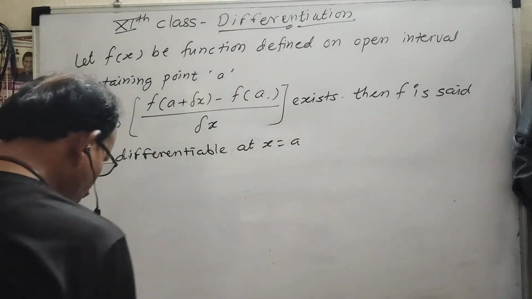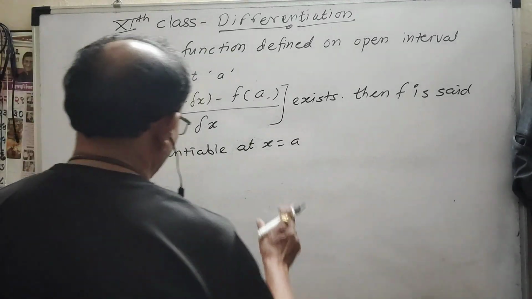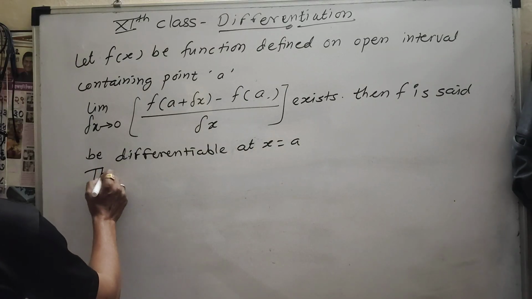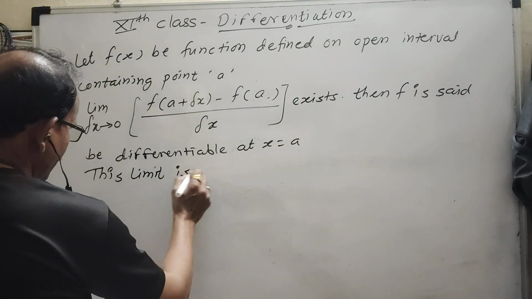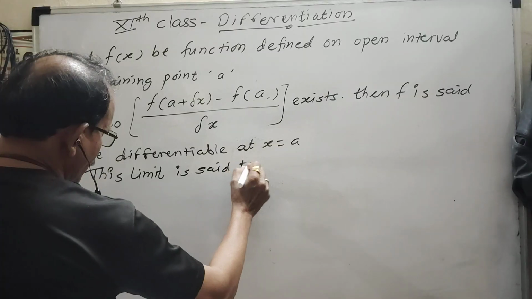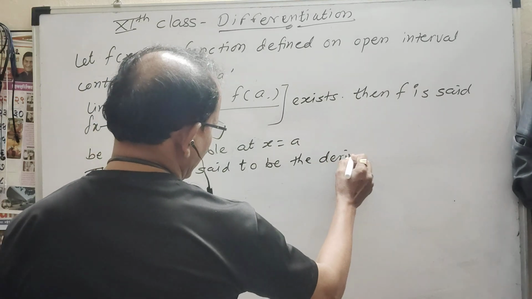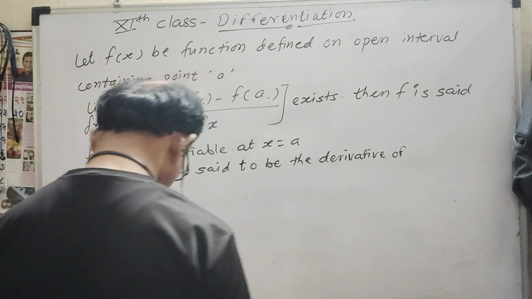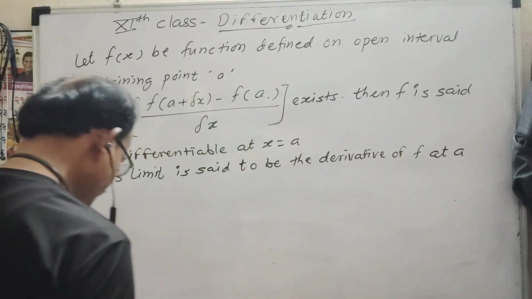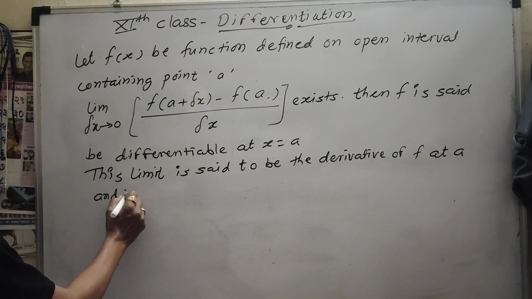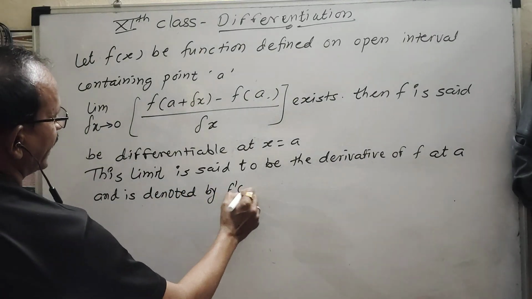And this limit is said to be the derivative of f at a and is denoted by f dash of a.